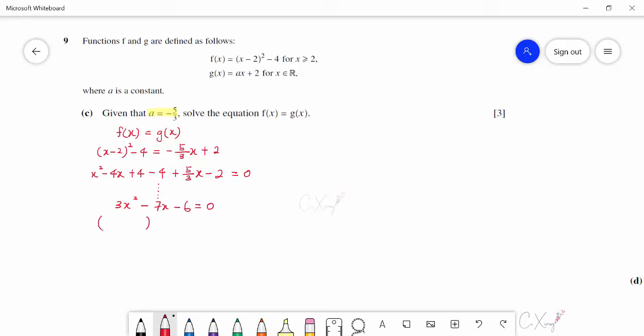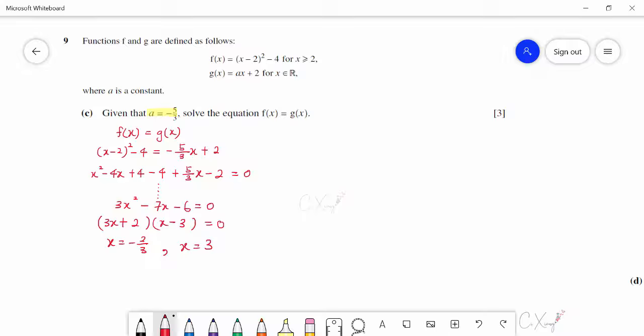Then, of course, with this quadratic equation, we can try to factorize it to get the values of x. So we have 3x, 2, and then x, 3, and therefore we have minus and plus here. From here you get x equals -2/3, and also x equals 3.